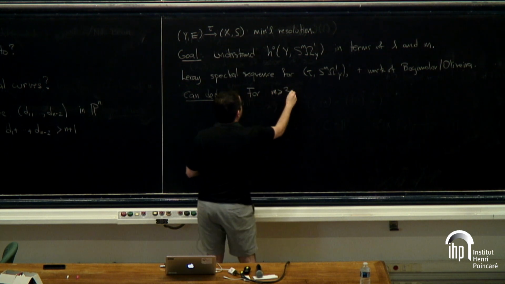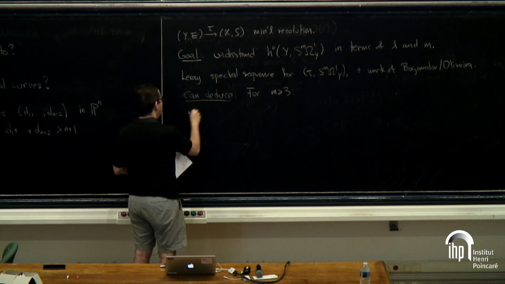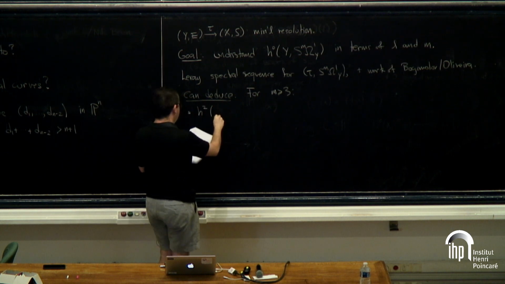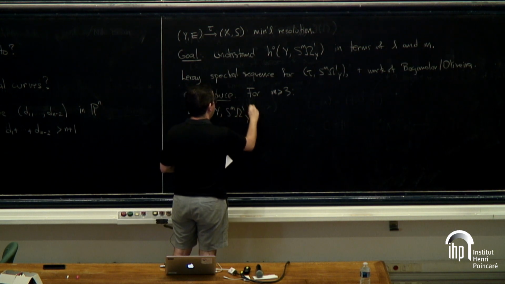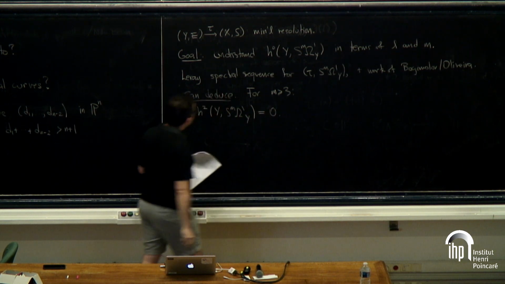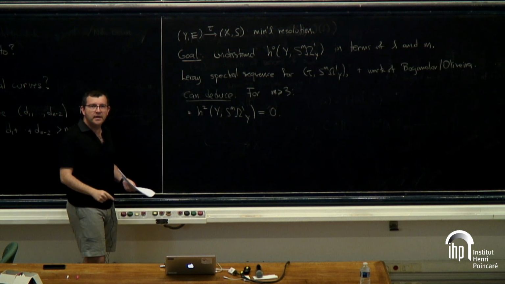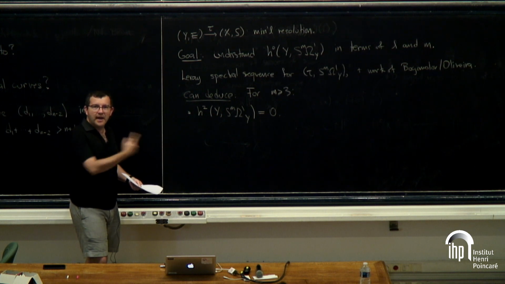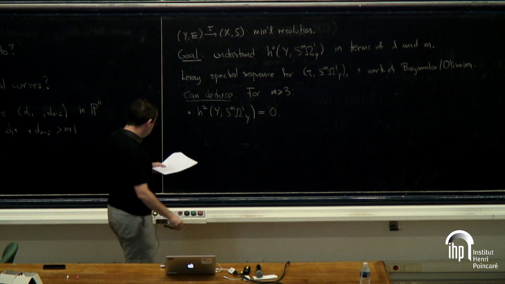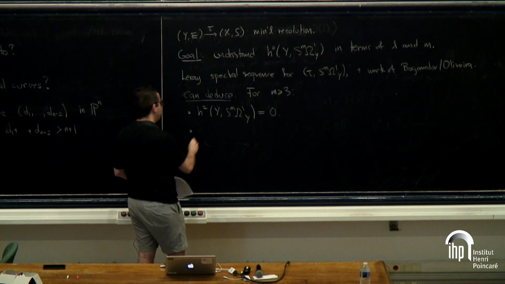So for m at least 3, you can show that the H2 of S^m Omega^1_Y is equal to 0. That's good. That's not what we want. We want H0, but having a vanishing of H2 is good because it's going to start to allow me to use Euler characteristics instead of H0. But if I want to use the Euler characteristic, I should also know something about H1.